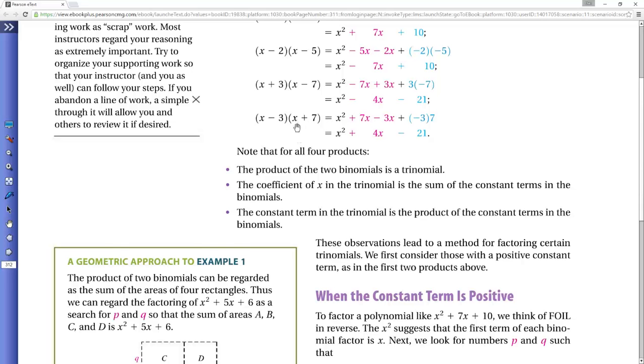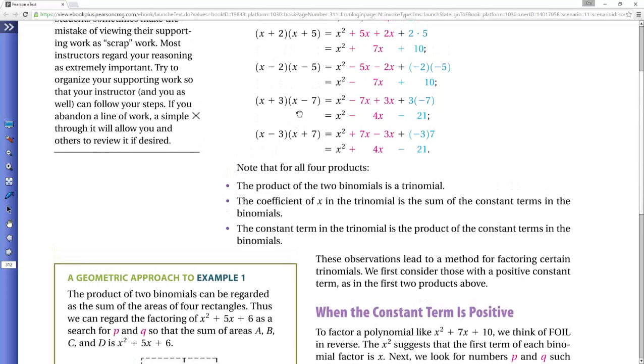Now, if you start thinking about those in terms of the rules or ways they're going to show us to illustrate this, when I have a negative last term, I'm looking for a difference between these two to be my coefficient of this middle term. Now, what I would say is you add them.